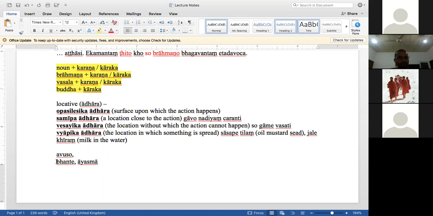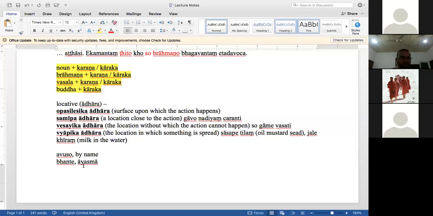So monks are allowed to address seniors as Bhante and Ayasma, and juniors as Auso or by name. A senior can call me by name, but a junior should not call me by my name. That is a courtesy given in our tradition, according to the Mahaparinibbana Sutta.